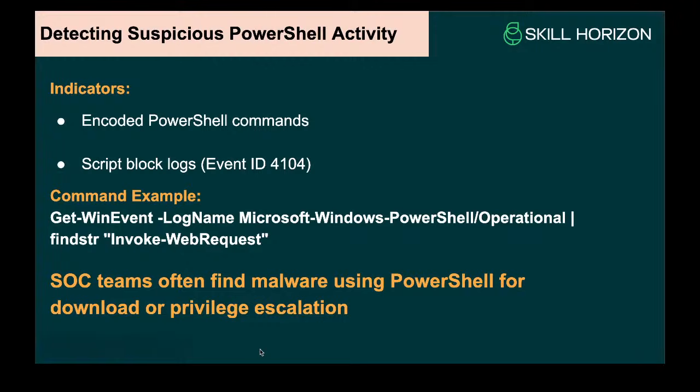You can run the command Get-WinEvent with log name Microsoft-Windows-PowerShell/Operational and then find the string Invoke-WebRequest. SOC teams often find malware using PowerShell for download or privilege escalation. This is a common way an attacker successfully launches privilege escalation or other things, right? So you have to detect suspicious PowerShell activity in your infrastructure, and if you are able to, you can easily prevent it.